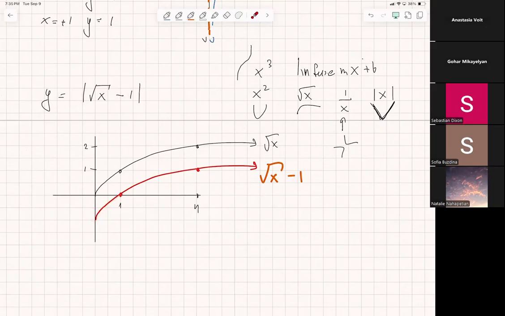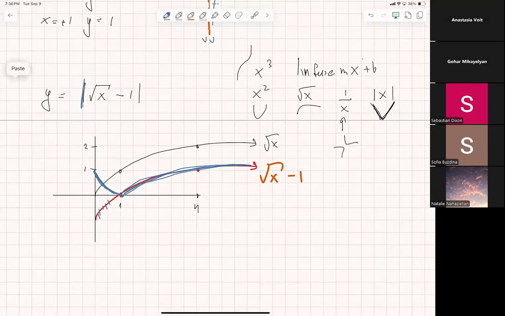So this piece will be positive. It will be kind of reflected, so you don't have it here anymore. You have this piece reflected like this, and you continue on with this portion as it is because it was still positive at the beginning.